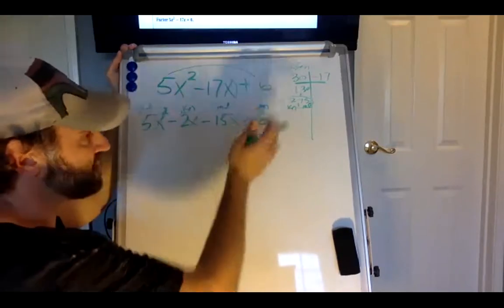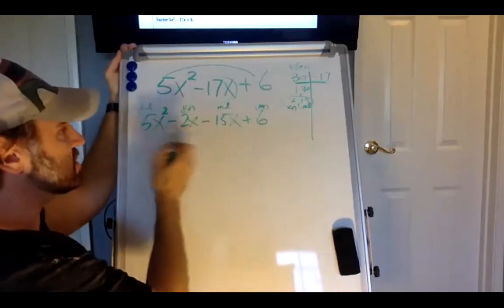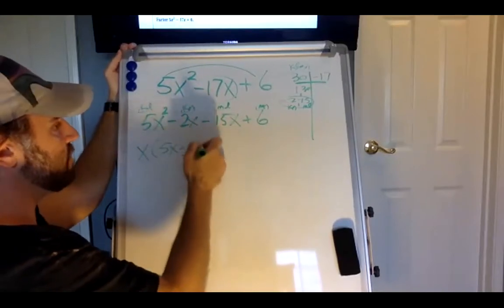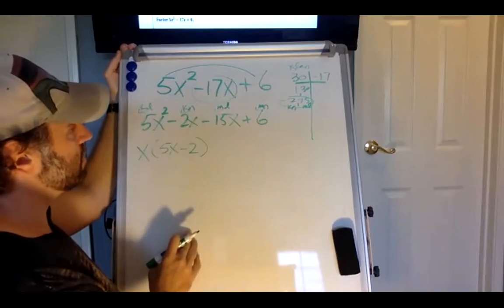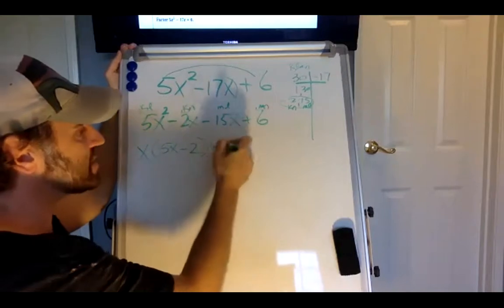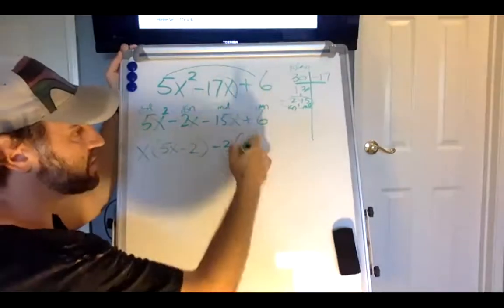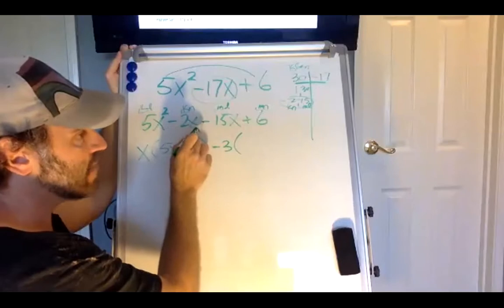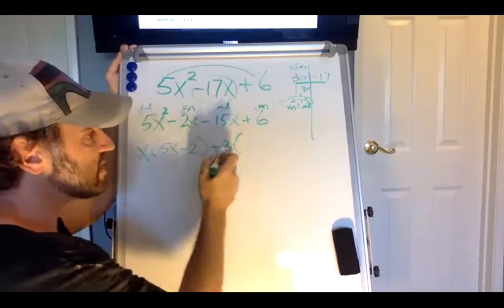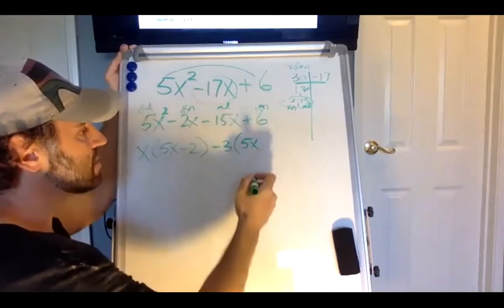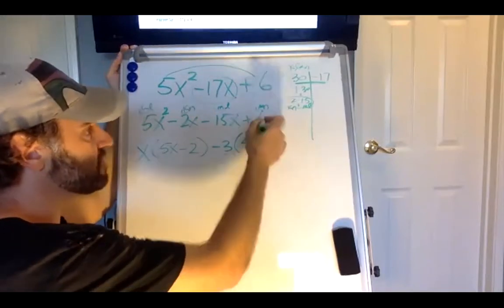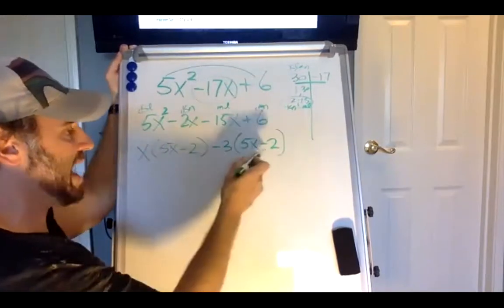But watch how, you don't have to think about it that way. All you have to do is factor these two. Factor an x, and you get 5x minus 2. Okay? Factor a 3x. Minus 3, because I always use that sign, minus, and then 3 is in common, that's the M. Negative 3 times 5x gives you negative 15x, negative 3 times negative 2 gives you positive 6, and now look at what matches.